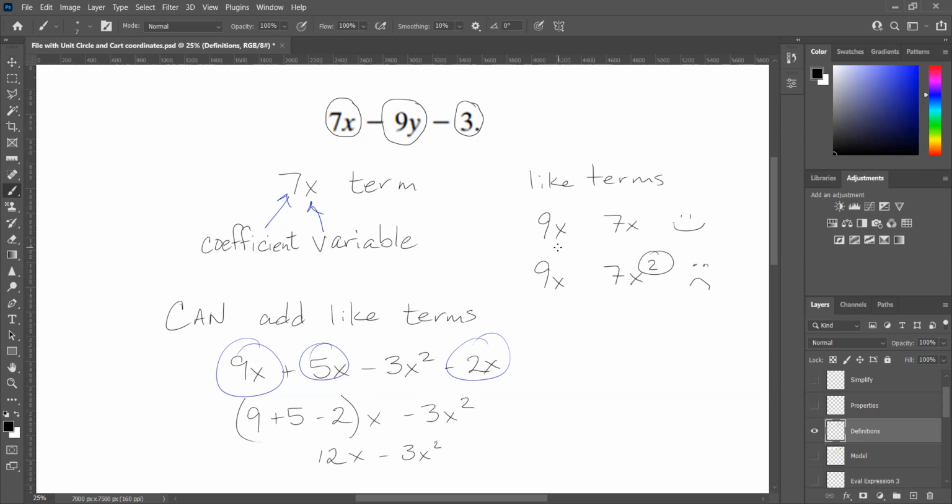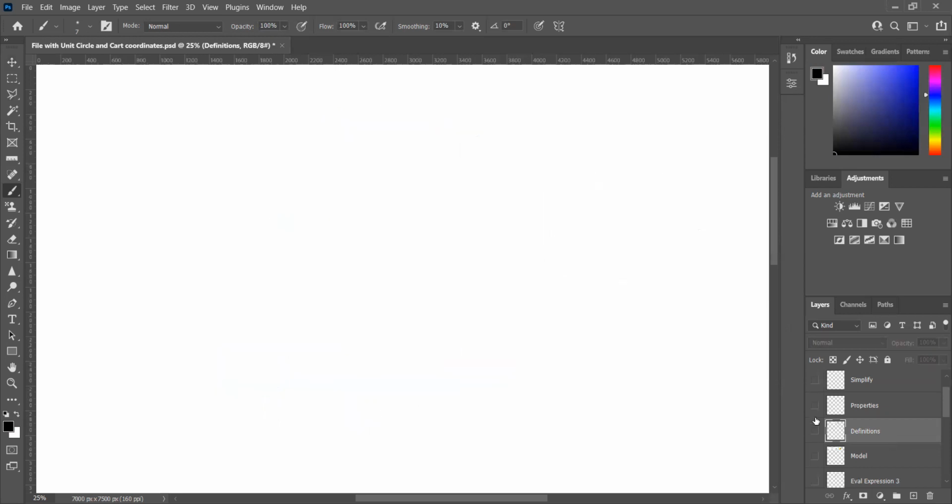And so that's just a definition there so that we're prepared for anything that'll come down the pike. All right, so let's look at some properties. We have certain properties that we will use when simplifying or evaluating expressions or solving equations.